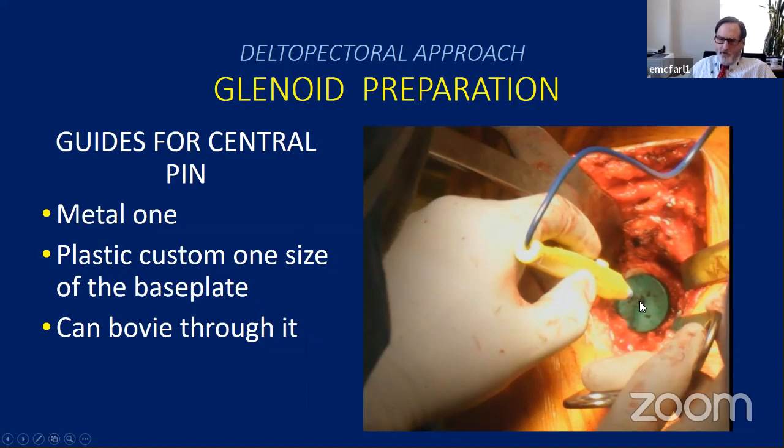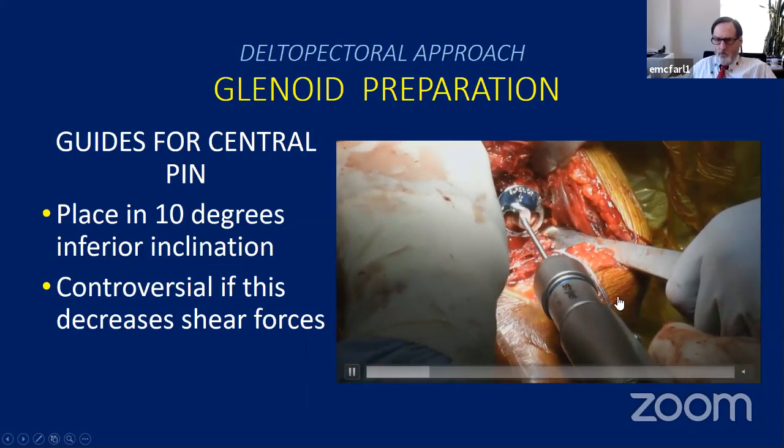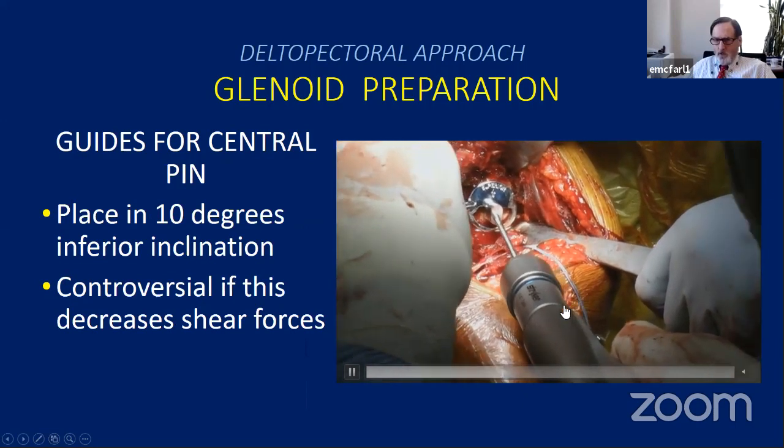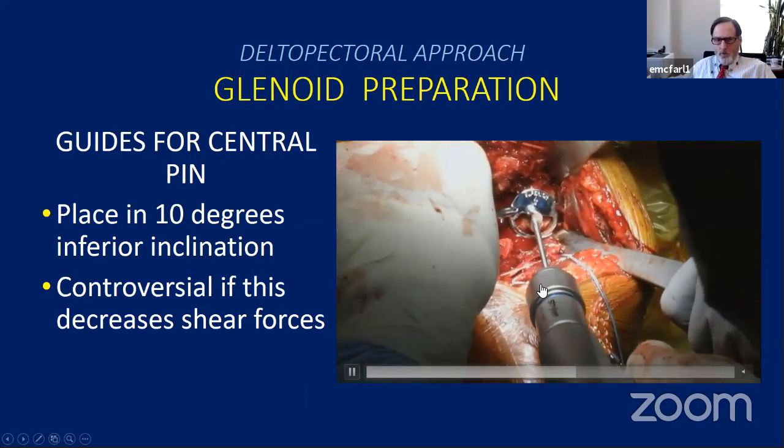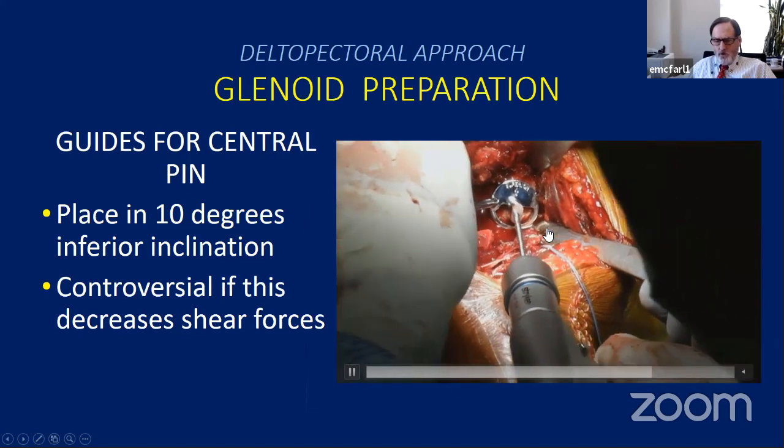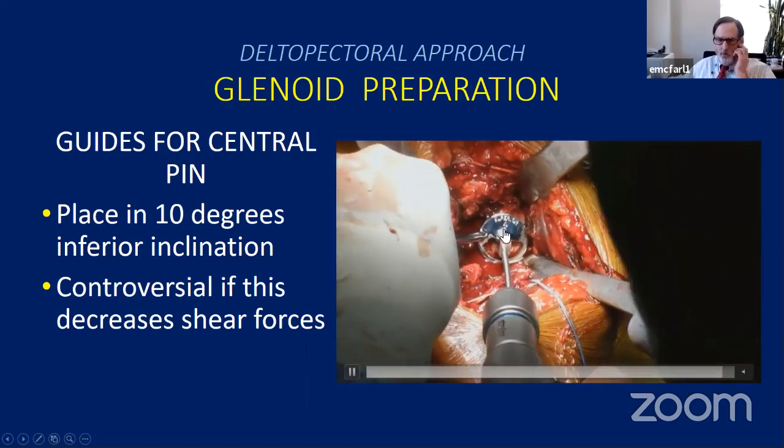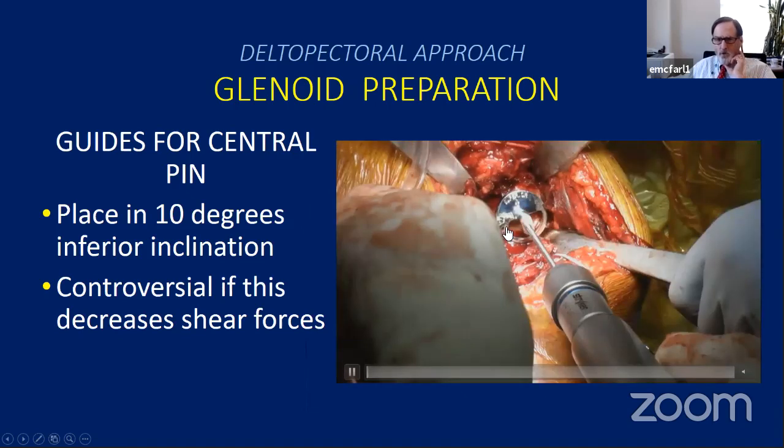The good thing about this is I can actually bovie through it. And I like to freehand the pin. There are obviously lots of different kinds of guides that you can use to do the same sort of thing. But again, it's personal preference. So you want to figure out where you're going to put this thing. And then you ream. Most of the systems, I think, ream with a little bit of inferior inclination.